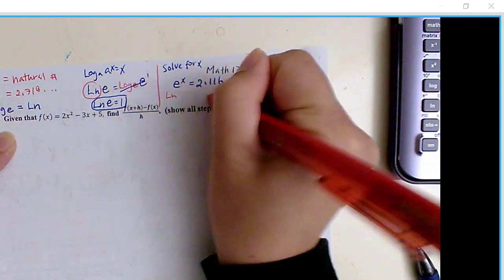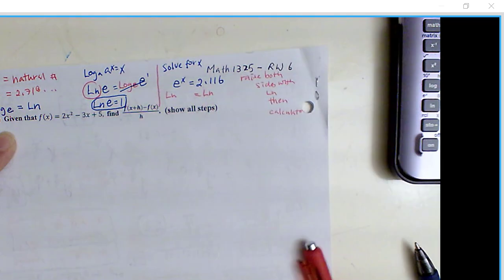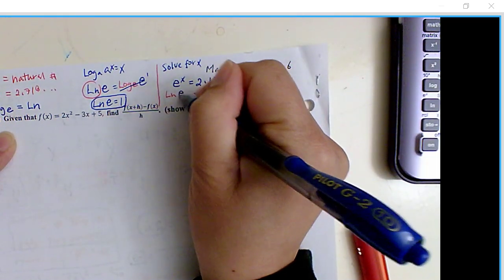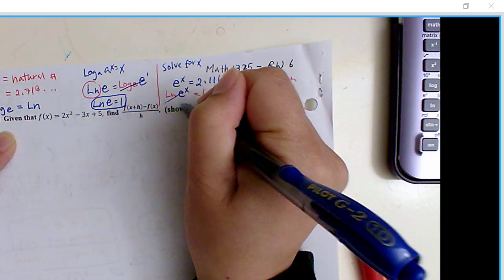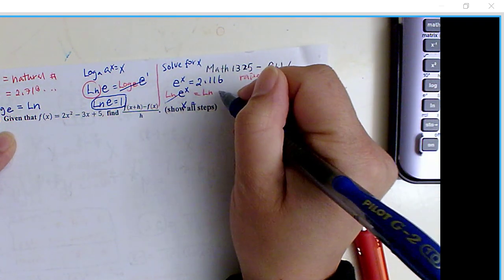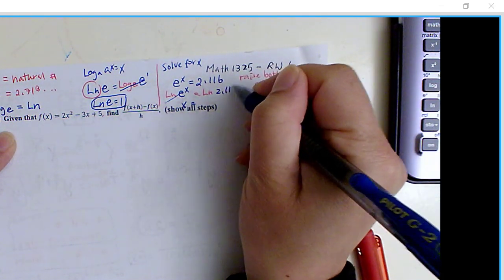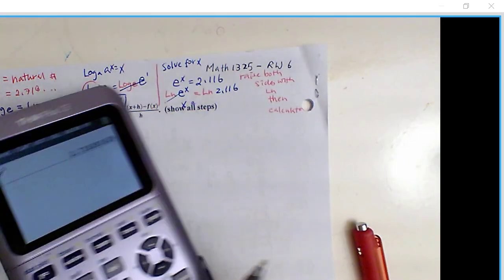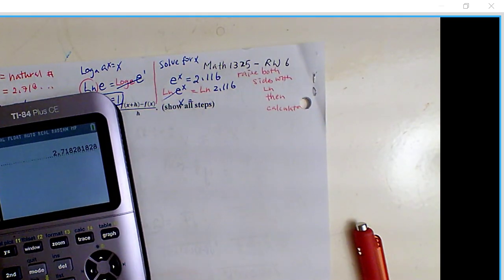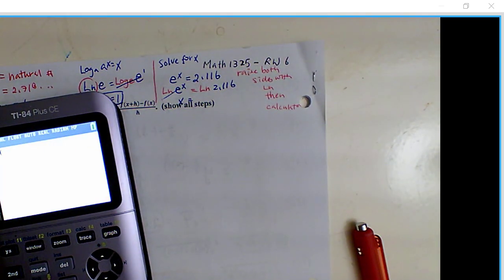So ln on the left, ln on the right, and then you have e to the x here. So this part is 1, so it's going to be x equals ln of 2.116. So we're going to need to use the calculator and do ln of 2.116, close it, and hit enter.